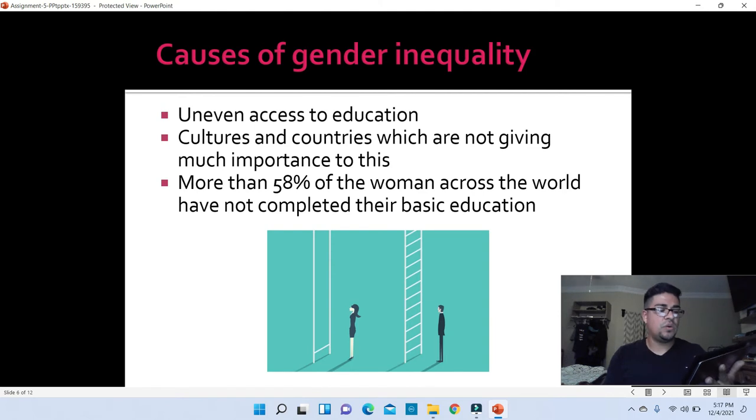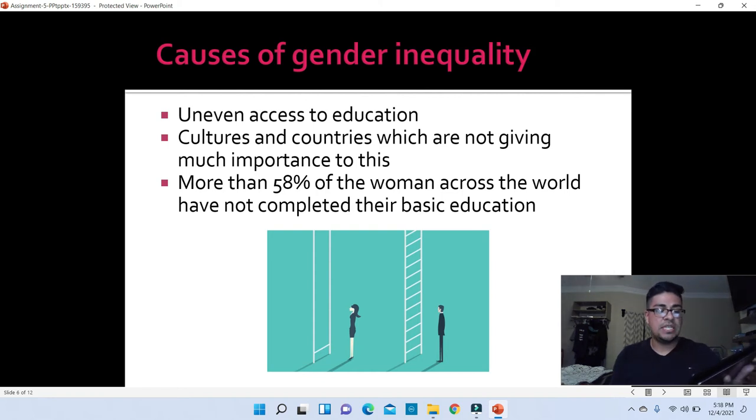One of the most important issues for gender inequality is uneven access to education, because around the world, 1/4 of young women aged between 15 and 24 have not finished primary school, and more than 58% of the women across the world have not completed their basic education.